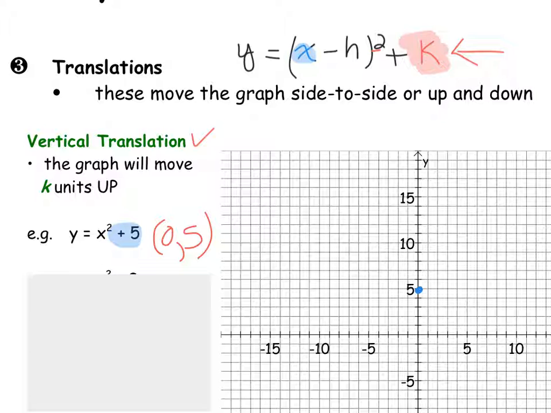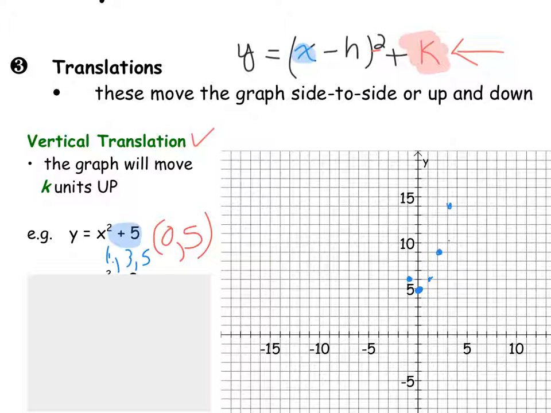And because I've not stretched or compressed my graph, I can use my 1, 3, 5 method to graph, except that instead of starting at (0, 0), I'm starting at (0, 5). So I would go over 1, up 1. Over 1, up 1 on the other side. Then over 1, up 3, and over 1, up 5.